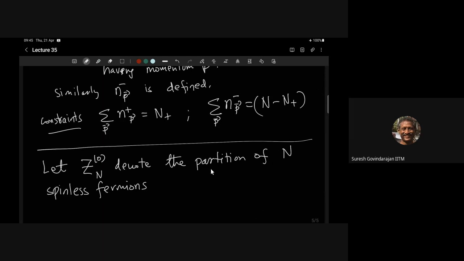So you ignore spin, and so what is the definition of such a thing? Z0 of n would be just something like this: sum over np. Prime again, that the summation of all those things add up to n. That's the same prime, e power minus beta p square upon 2m into n.